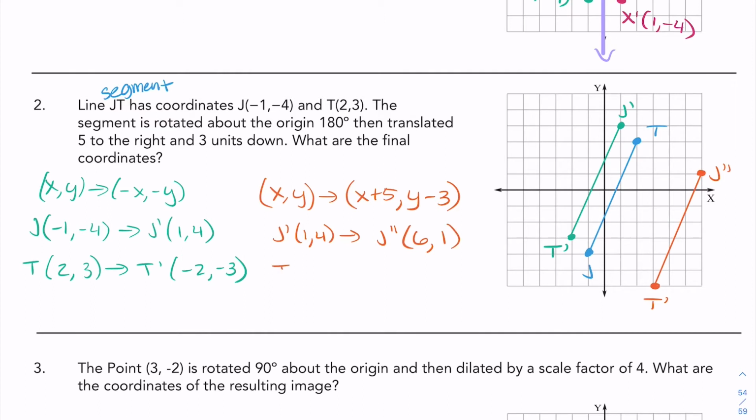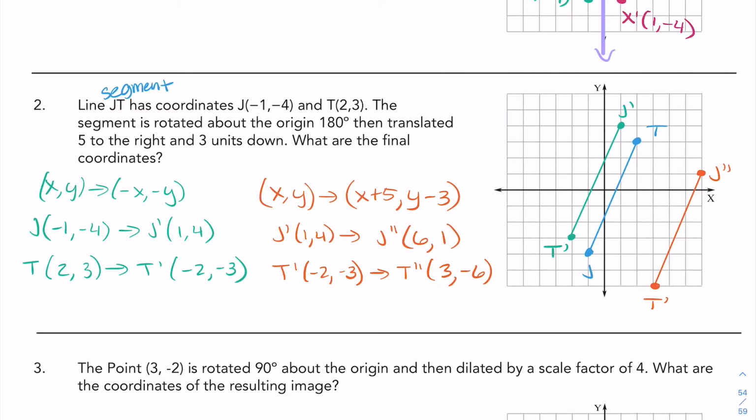And then T prime at -2, -3 is going to move over to be T double prime, which, -2 plus 5 is 3, and -3 minus 3 is -6.